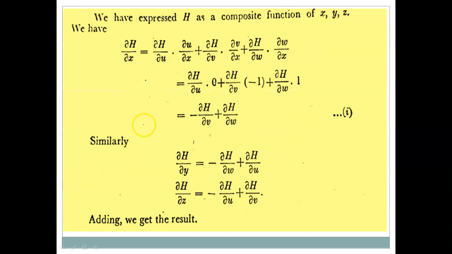Here you can see this h is a function of three variables u, v, and w. And each of these three variables is further a function of x, y, and z. So I can say that this h is a composite function of x, y, and z.